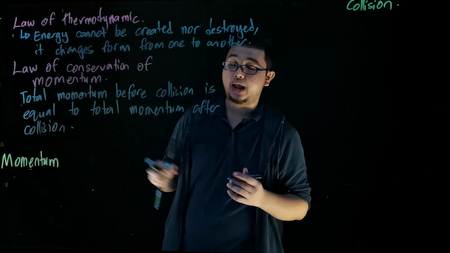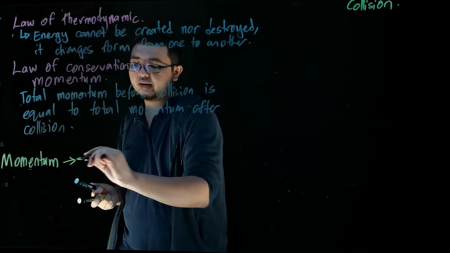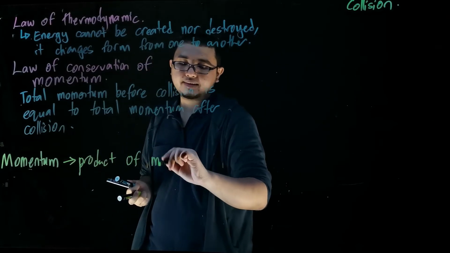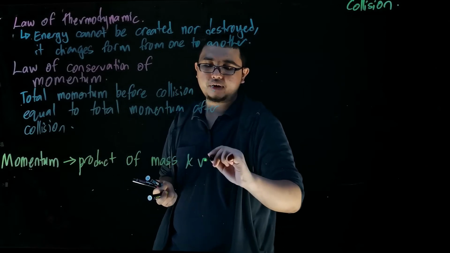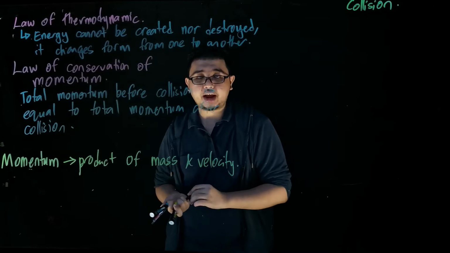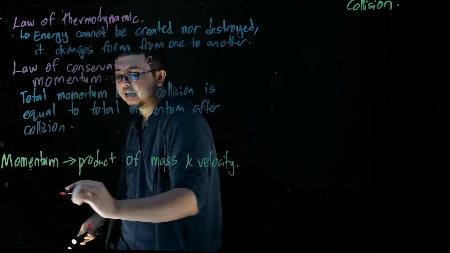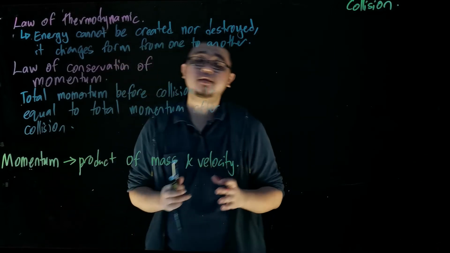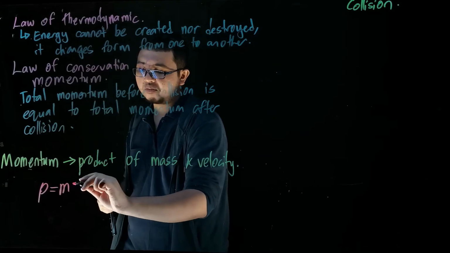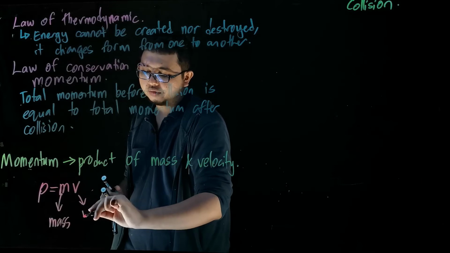And when we take a look at momentum, momentum is known as the product of mass and velocity. So when we have an object that is constantly moving, we can calculate its momentum using the formula P equals mv, where m is your mass and v is your velocity.